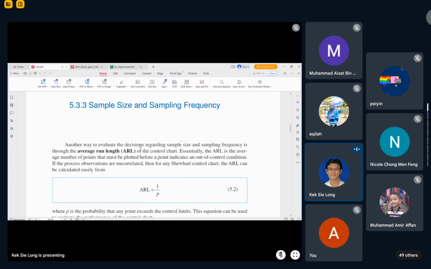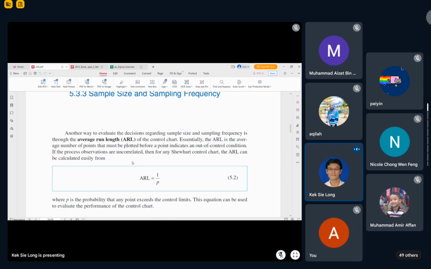What do we need to know about this sample size? There is a specific term in quality control. On the screen you can see average run length. There are two types. The equation given by 5.2 is called the average run length, ARL, equal to 1 over P. P is the probability that any point exceeds the control limit.